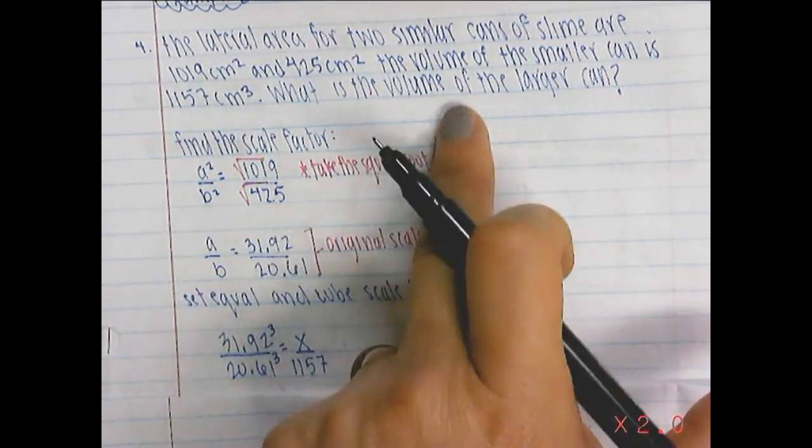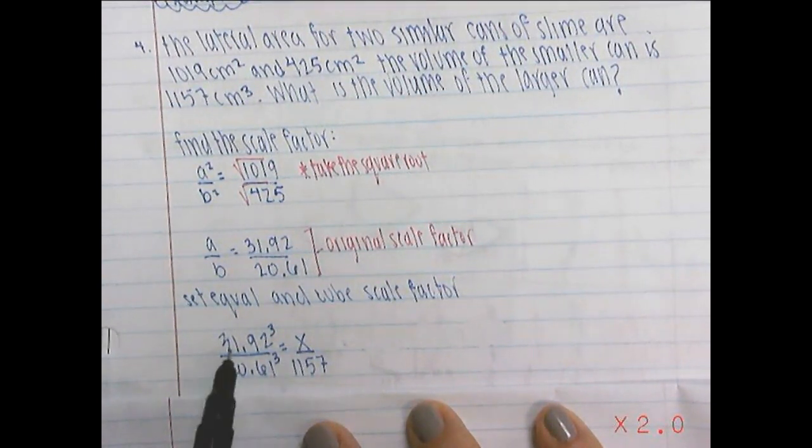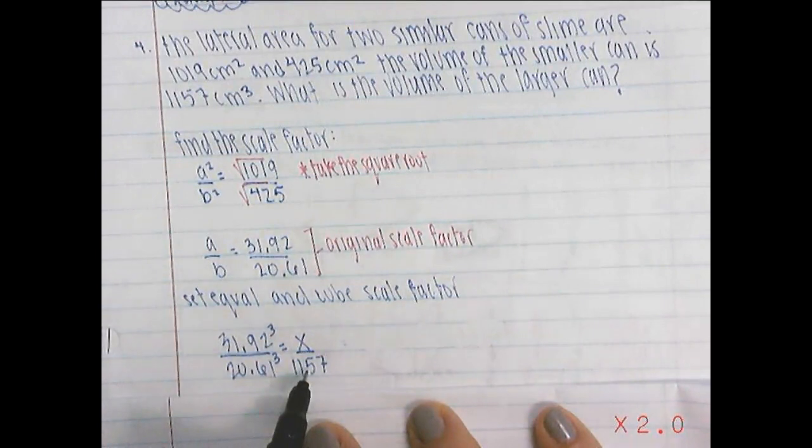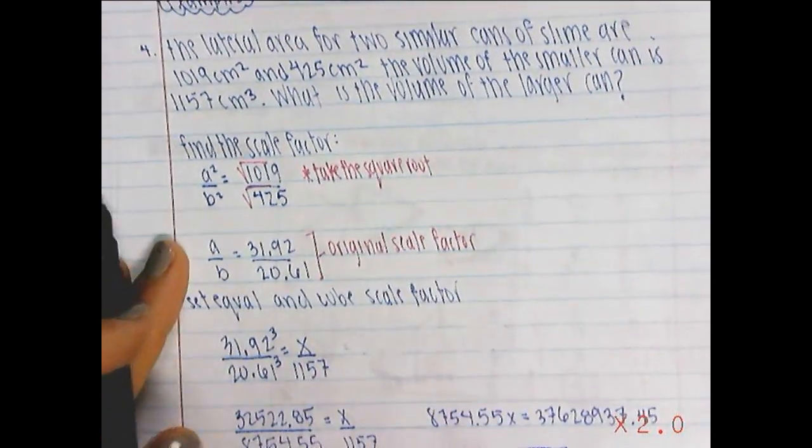What is the volume of the larger can? All right, I'm going to put the smaller can on top because that lines up with my smaller scale factor over the volume that I know of my, oh, sorry, I'm putting the larger on top and the smaller on the bottom. Because I know my smaller volume, I'm trying to figure out my larger volume. And then I'll cross multiply.